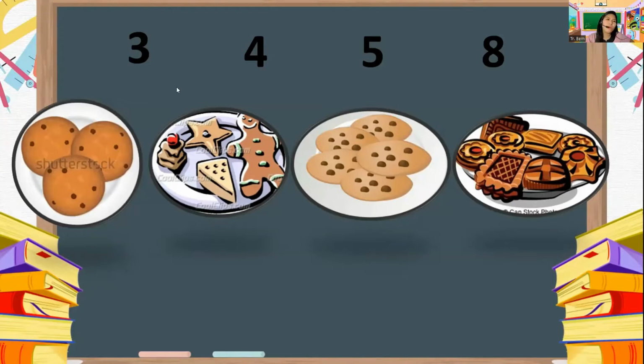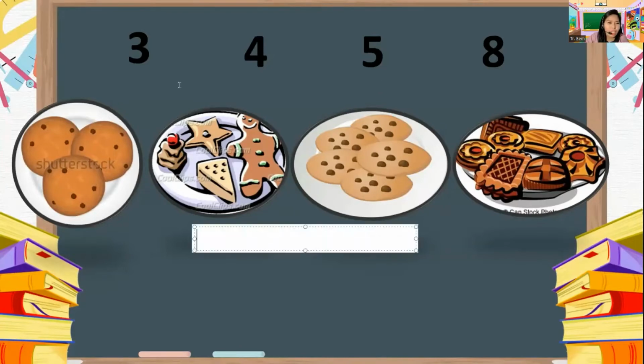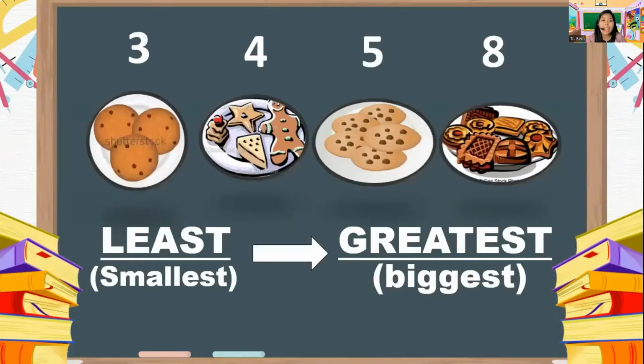Teacher, what is least and what is greatest? What do you mean, teacher, by that? All right. So when we say least, kids, it means it's the smallest number. Okay po? It's the smallest.